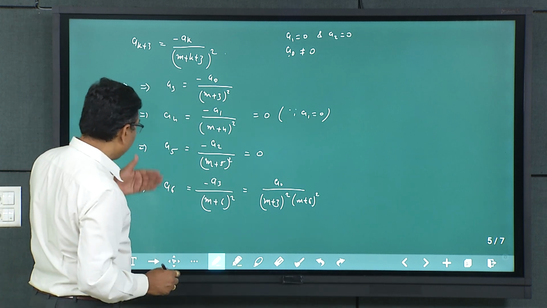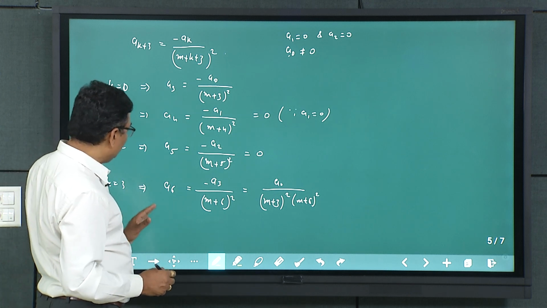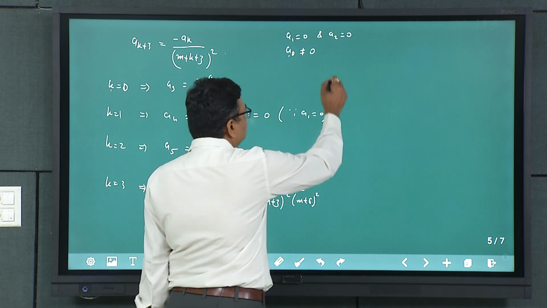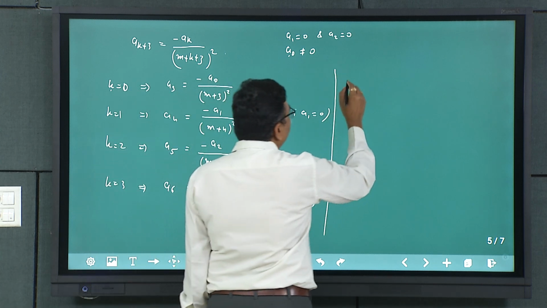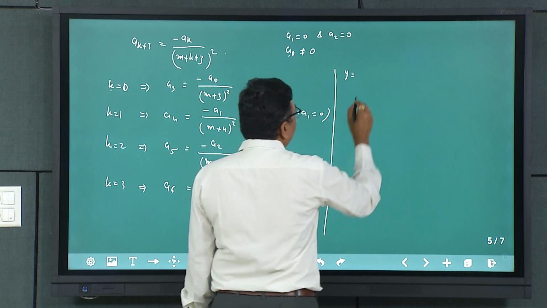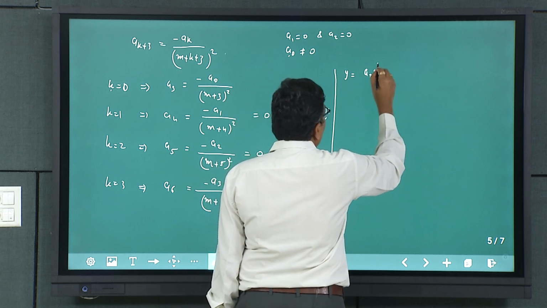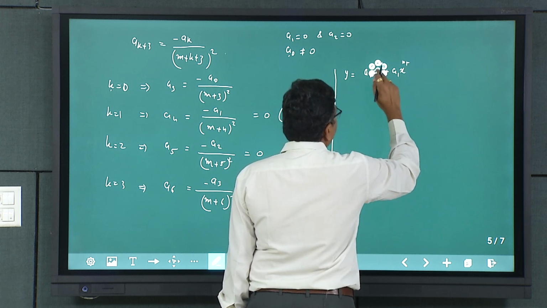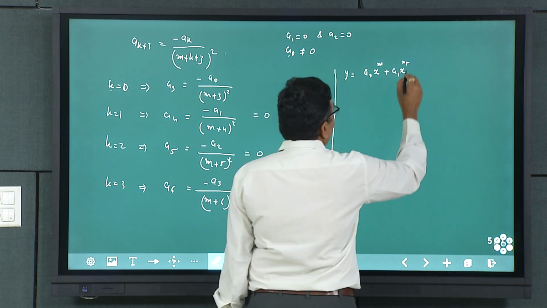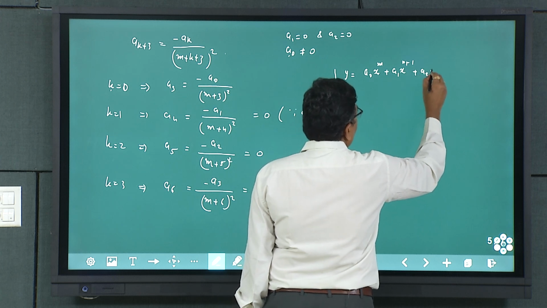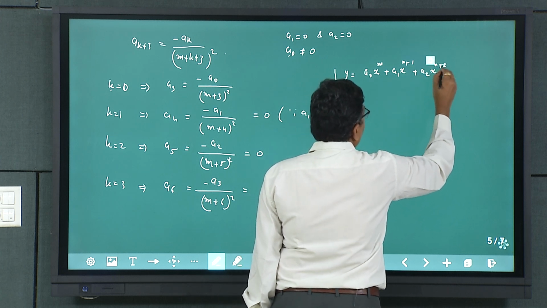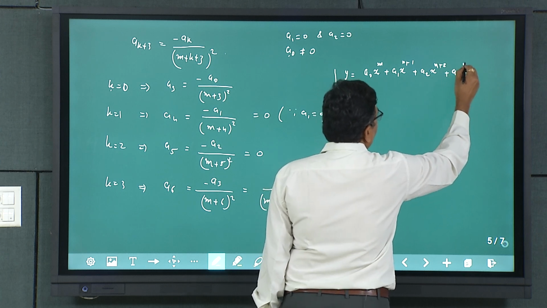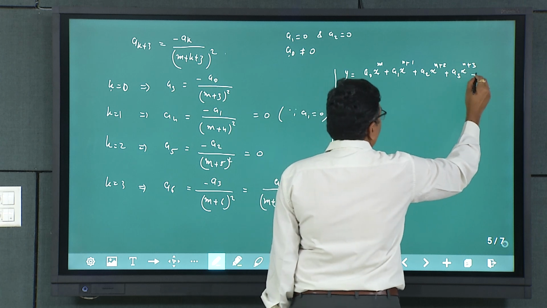See, next a7 and a8 will be 0 and we can get a9 and so on, right. So let us put all these values in this equation, that y is equal to a0 x raised to the power m plus a1 x raised to the power m+1 plus a2 x raised to the power m+2 plus a3 x raised to the power m+3 and so on, right.